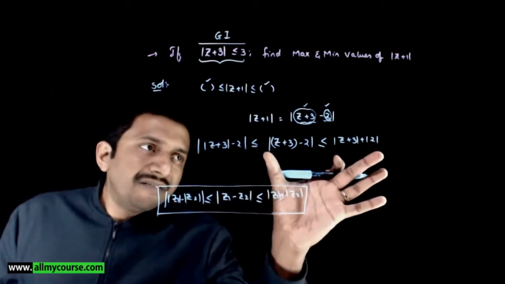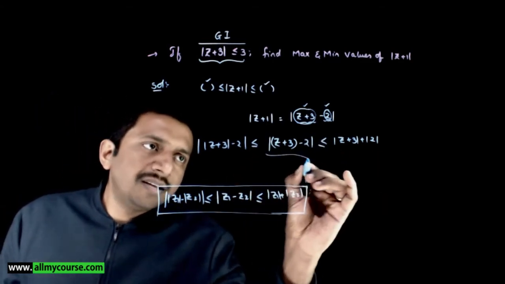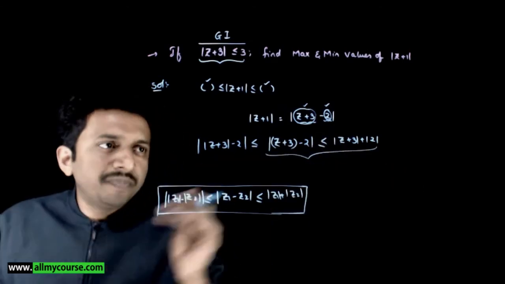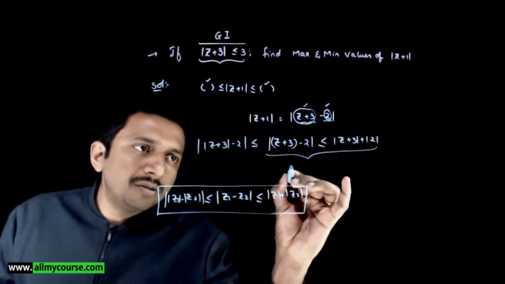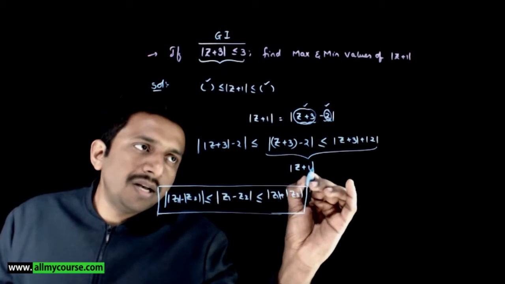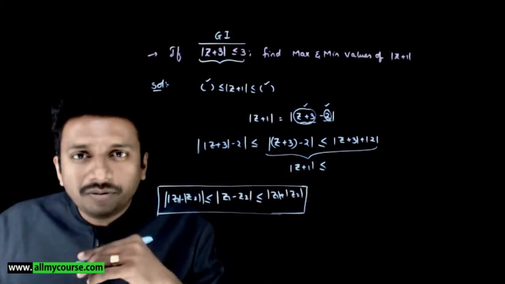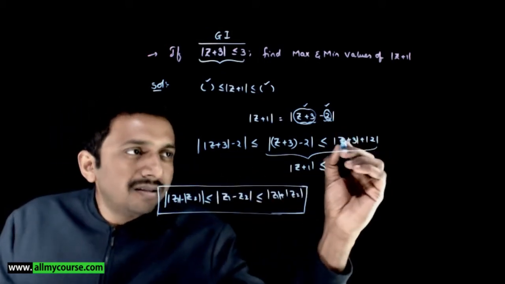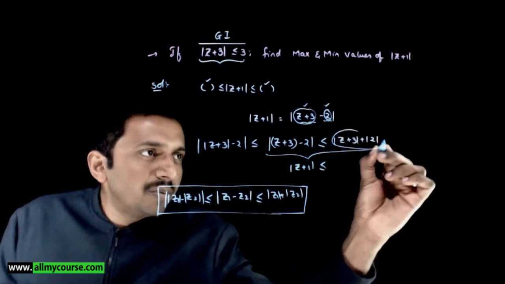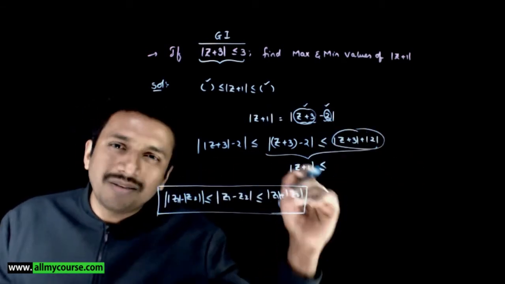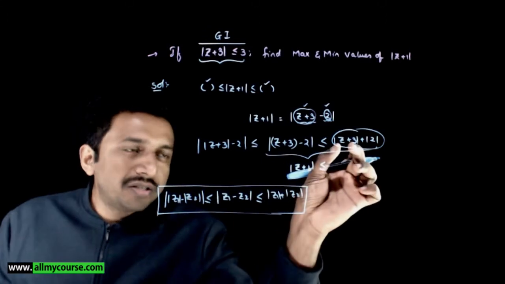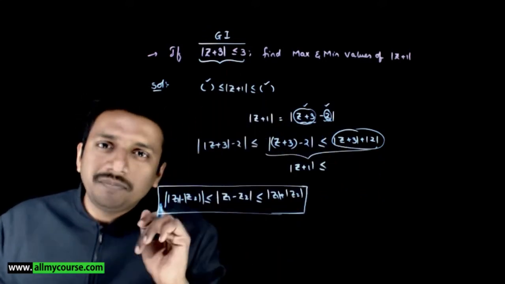If you take the first part of this inequality, mod of z plus 3 minus 2, which is mod of z plus 1, is always less than or equal to this. You want the maximum possible value of this side. Modulus of z plus 3 can go up to 3.